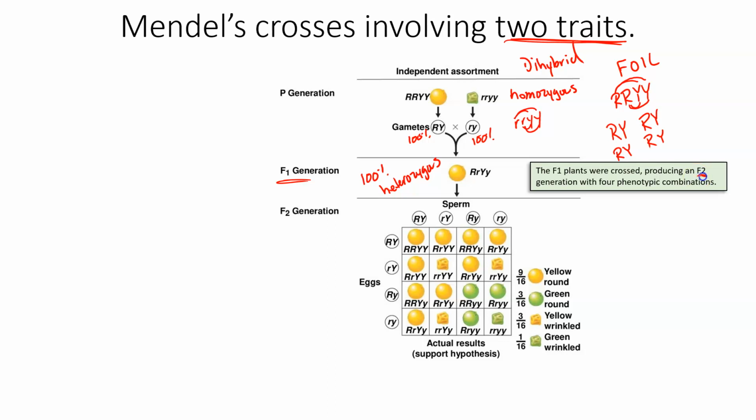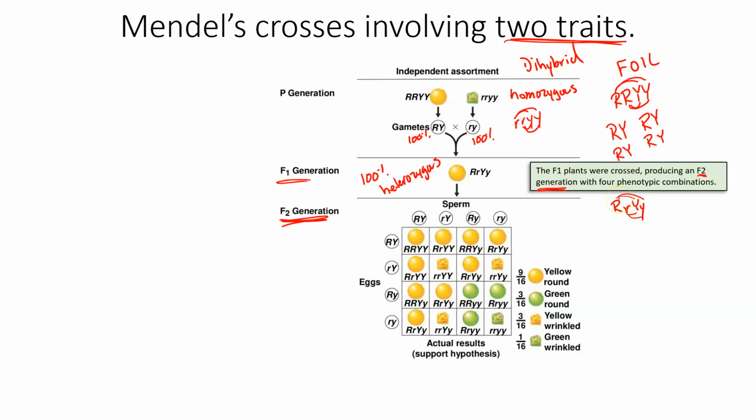Okay, now when we cross these individuals, a 100% heterozygous cross, or in this case a true dihybrid cross, we're going to produce our F2 generation, which you can see here by this Punnett square. Again, we have to find our gametes, and so in this case, if our heterozygous individual is big R, little r, big Y, little y, we're going to FOIL exactly the same way we did up here to find our gametes, only in this case they are not going to be 100% identical.